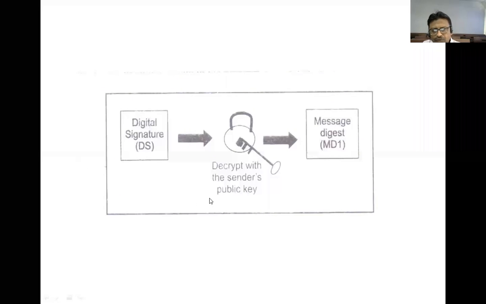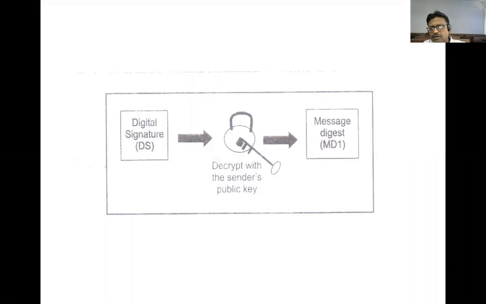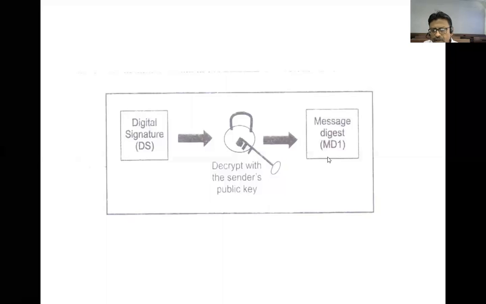Then it will apply the sender's public key to decrypt the digital signature to get the message digest 1, because it is the message digest 1 which was calculated by the sender, encrypted by its private key, and sent on the network, which can be decrypted only by the sender's public key. So it will receive MD1.